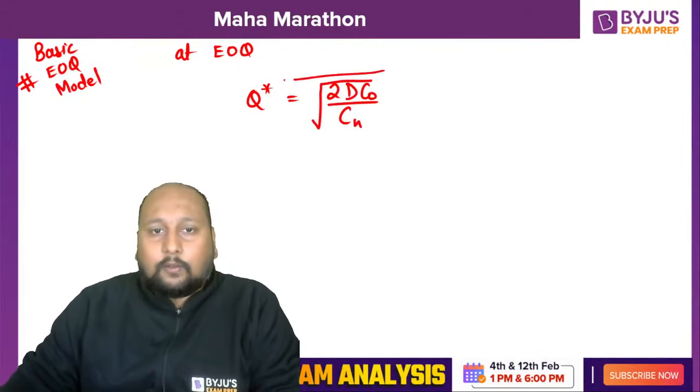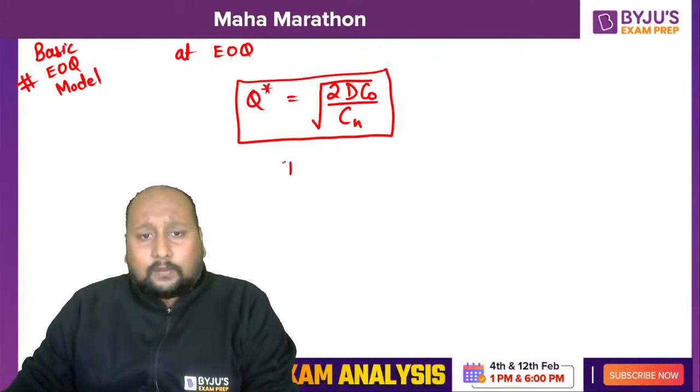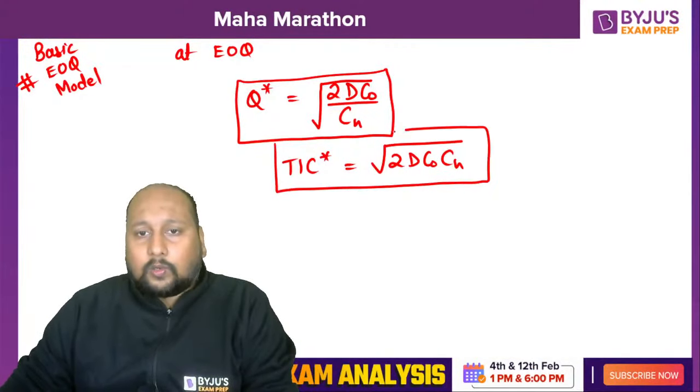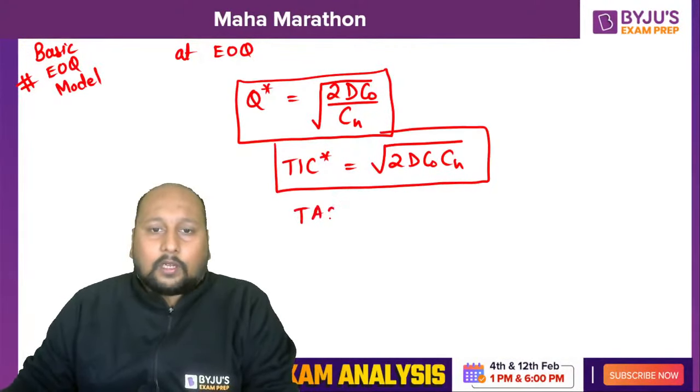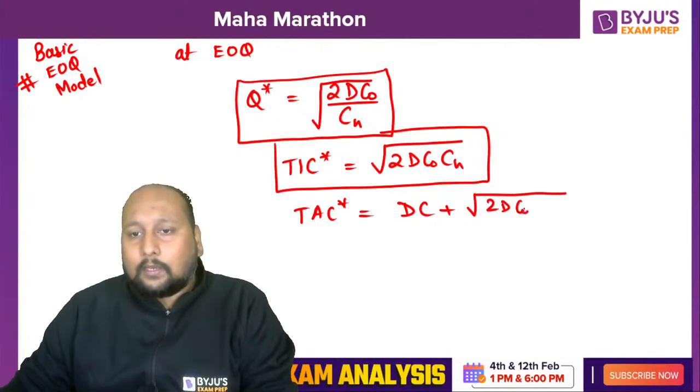This will be your economic order quantity, that is the EOQ lot size, or we can say TIC star is equal to root of 2DCOCH, right? And I can also say the total annual cost at economic order quantity is D into C plus root of 2DCOCH.